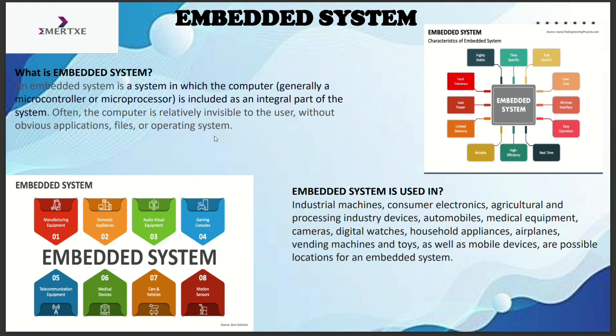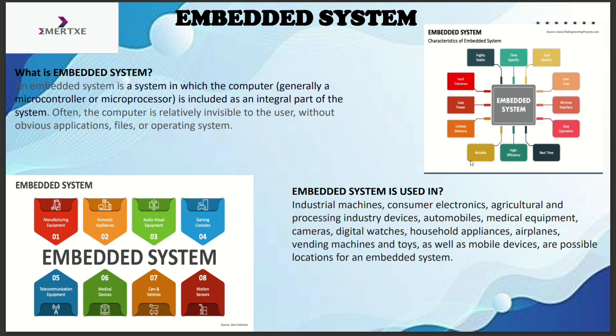We want to discuss embedded systems. What is an embedded system? It is a system in which a computer is an integral part of the system. Often the computer is relatively invisible to the user, without obvious applications, files, and operating system.